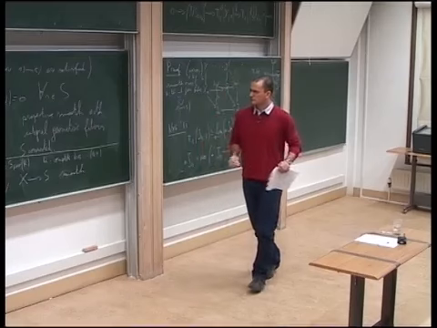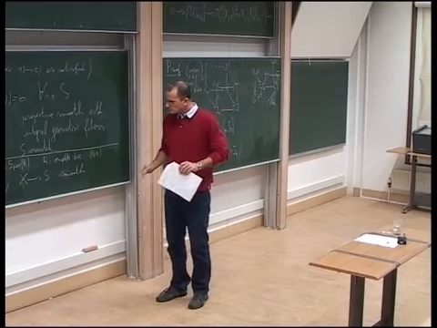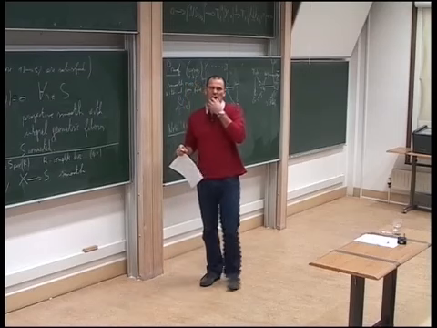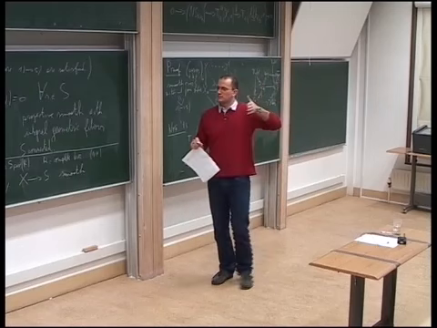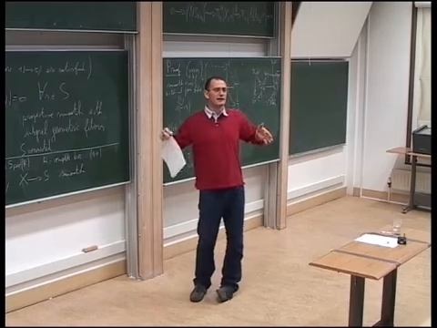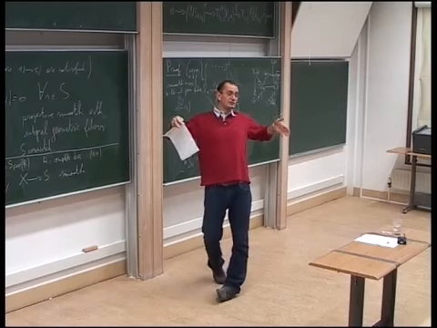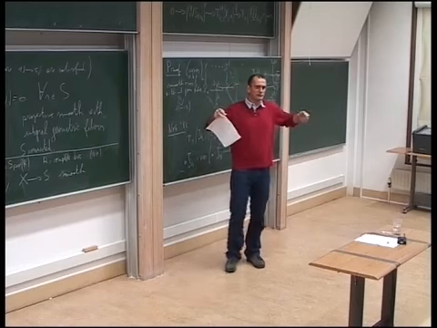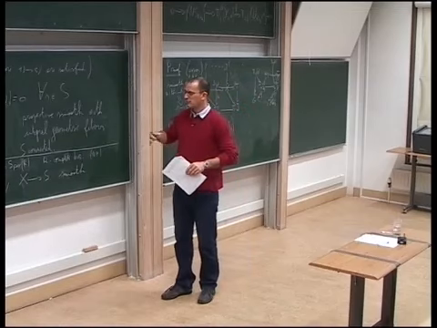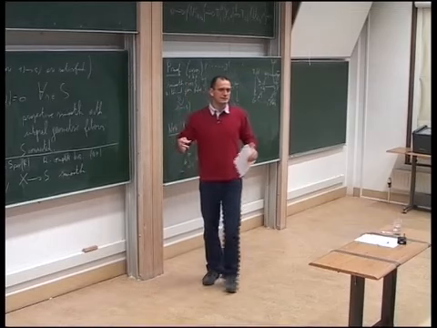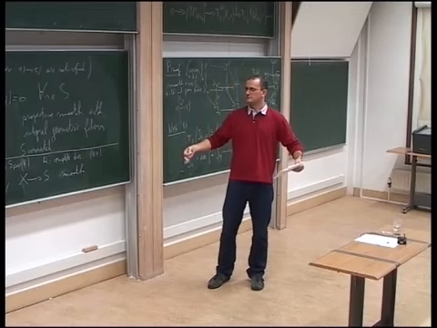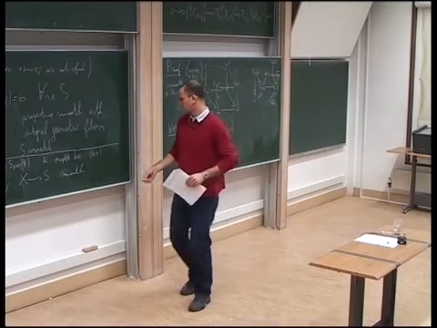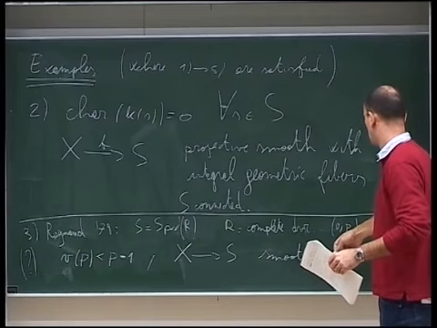Why do I say almost? Because you don't find really a Pic 0, but an abelian scheme instead of Pic 0, whose fibers are the reduced component of the Pic 0. But for my construction, I need an abelian scheme whose fibers are really the Pic 0 and not the reduced part of the Pic 0.